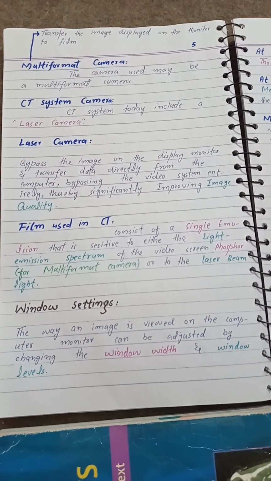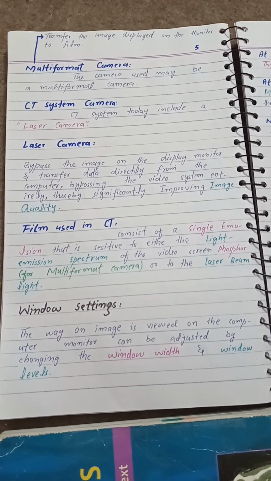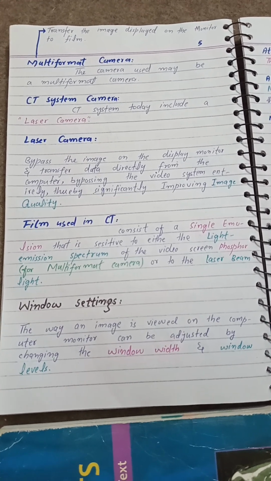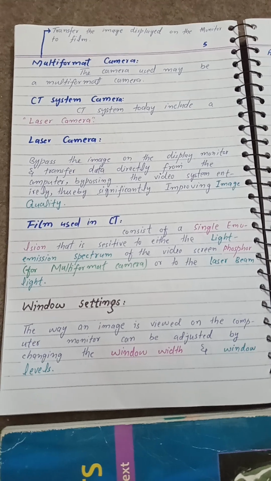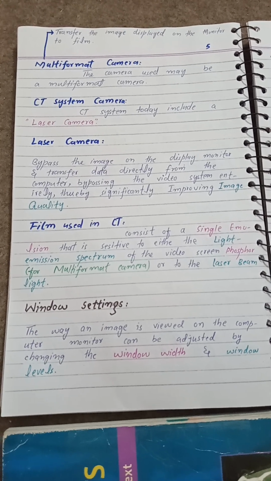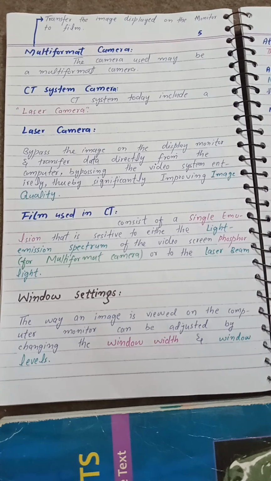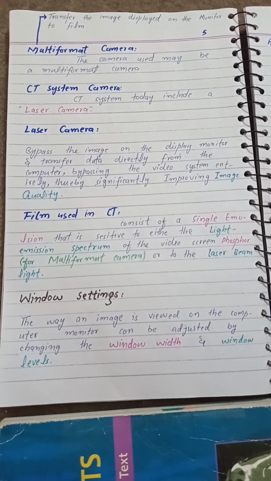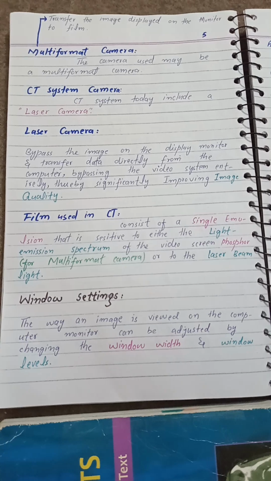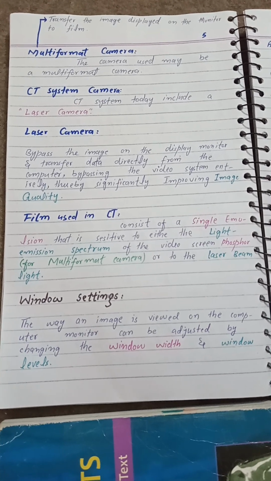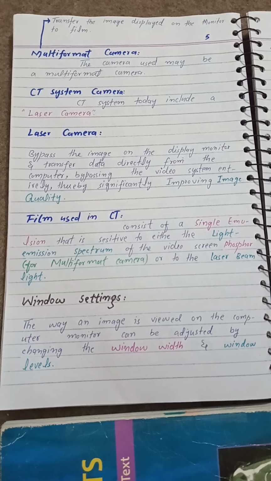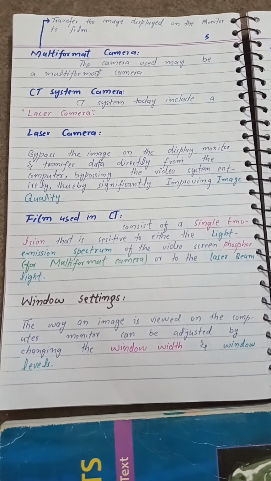Laser cameras bypass the image on the display monitor and transfer data directly from the computer, bypassing the video system entirely, thereby significantly improving image quality. Film used in CT consists of a single emulsion that is sensitive to either the light emission spectrum of the video screen phosphor for a multi-format camera or to the laser beam light.